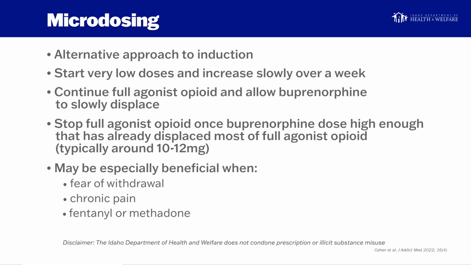And so someone has to wait actually quite a long time, probably close to 48 hours, to know that the fentanyl is mostly out of their system to go through the traditional induction. And that can be difficult. And so it might make a lot of sense to use microdosing when someone has been using fentanyl. It can work well with methadone too. Like we talked about earlier, methadone has a really long half-life and it differs between people.